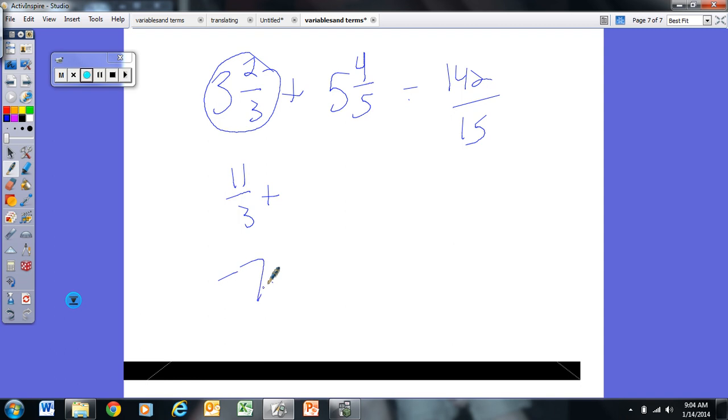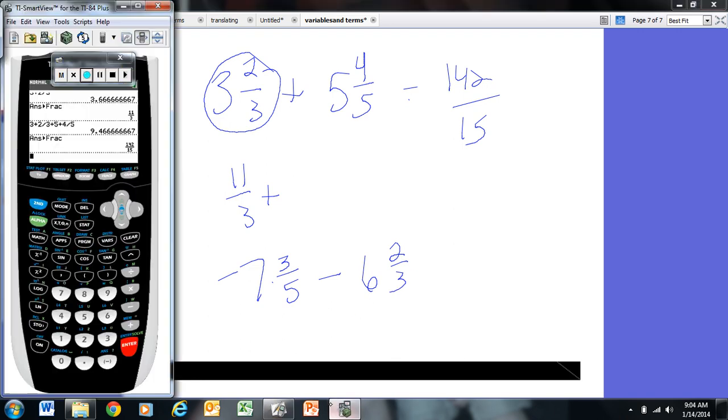Let's do -7 3/5 minus 6 2/3. So I'm going to go alpha y equals, and I'm going to arrow to the left and do negative, that's the negative sign down there, -7, and I'm going to arrow over and do 3/5.